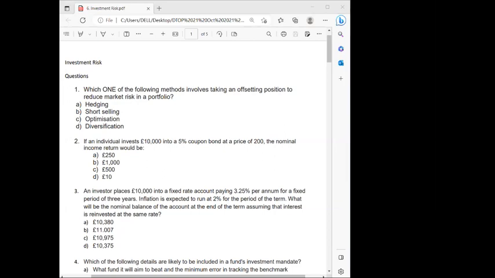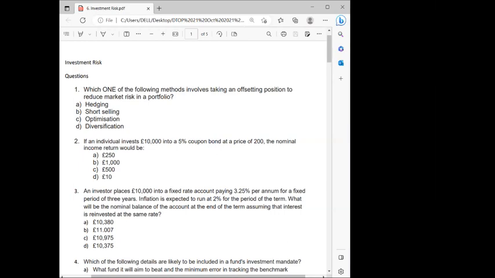But I've got 6 responses. Let's see what the question is. Which one of the following methods involves taking an offsetting position to reduce the market risk in a portfolio? Hedging, short selling, optimization, diversification.